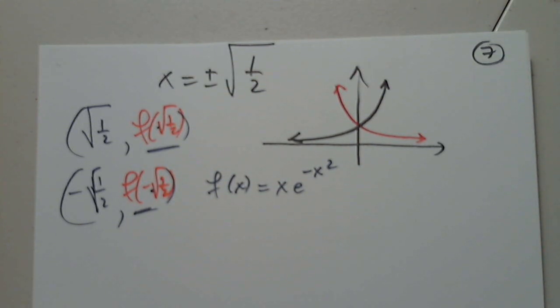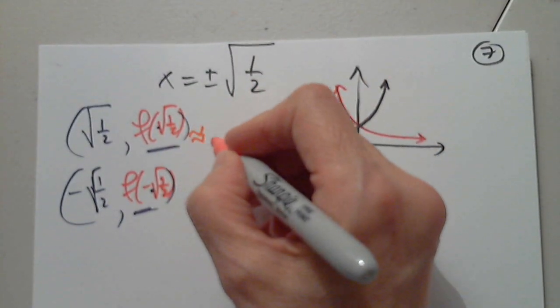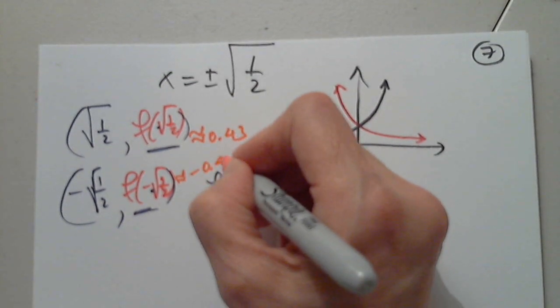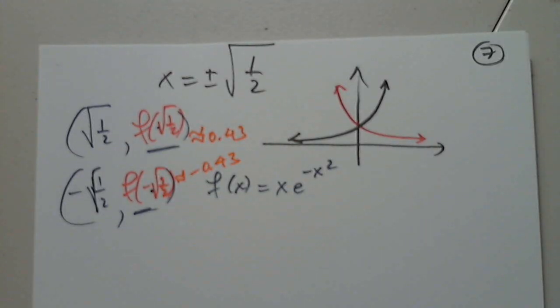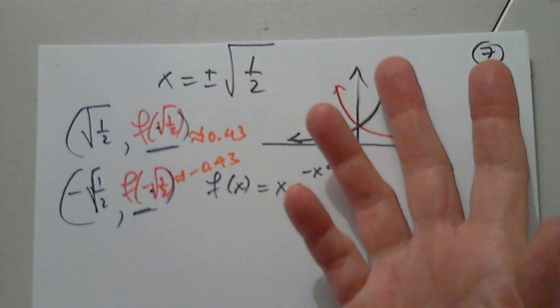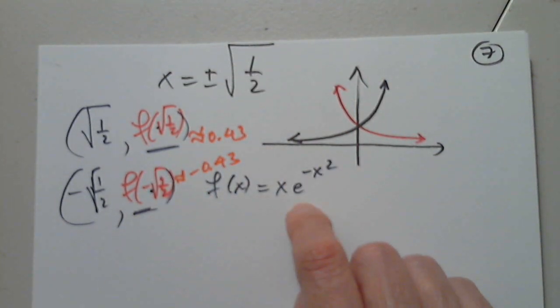So positive 0.43, negative 0.43. So this is approximately 0.43. This is approximately negative 0.43. So the problem was asking us to find the points where the tangent line is horizontal for this function.